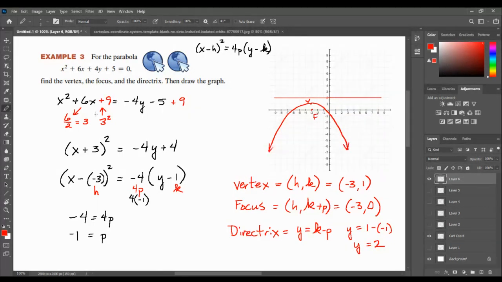And the reality is I could set y equal to 0 and solve for x, and that would give me the x-intercepts. We've done that. You're familiar with that. But now we have the vertex right there. They want the focus right there. The directrix is always an equation, and we've got it graphed.